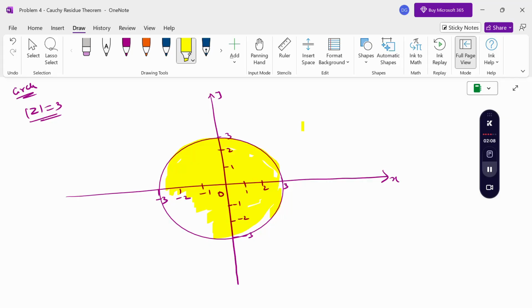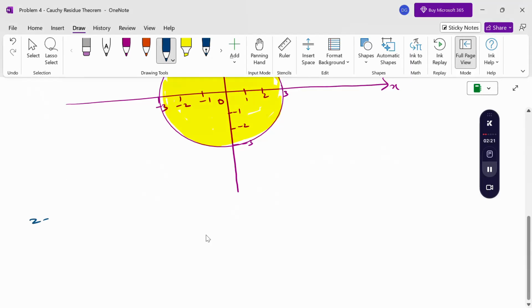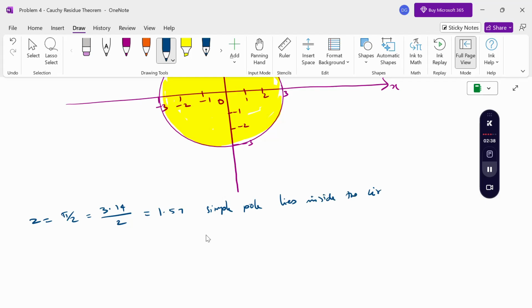See here, we check each point, whether inside the circle or outside the circle. The first point is pi by 2, which is 3.14 by 2, that is 1.57. It is a simple pole, and it lies inside the circle.